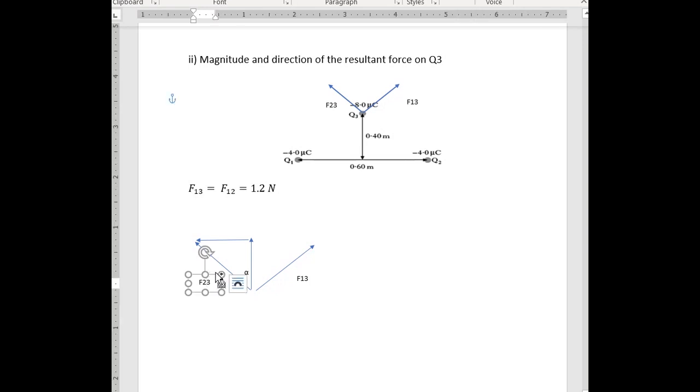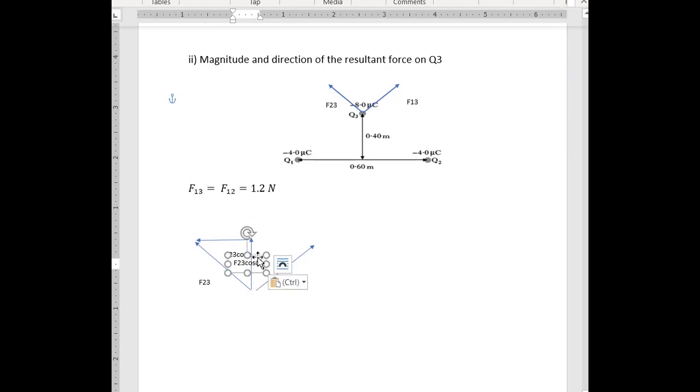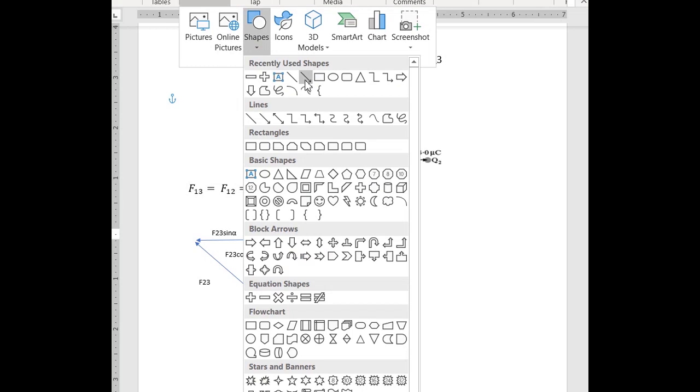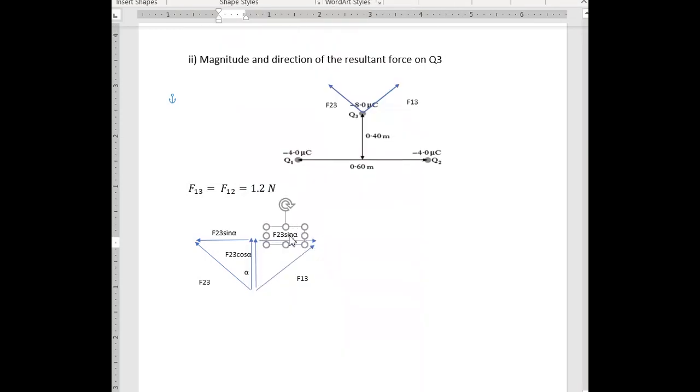This vertical component will be F23 cosine alpha, and this horizontal component will be F23 sine alpha. For F13, we do the same thing, break it down into horizontal and vertical components. This will be F13 sine alpha, and this will be F13 cosine alpha.